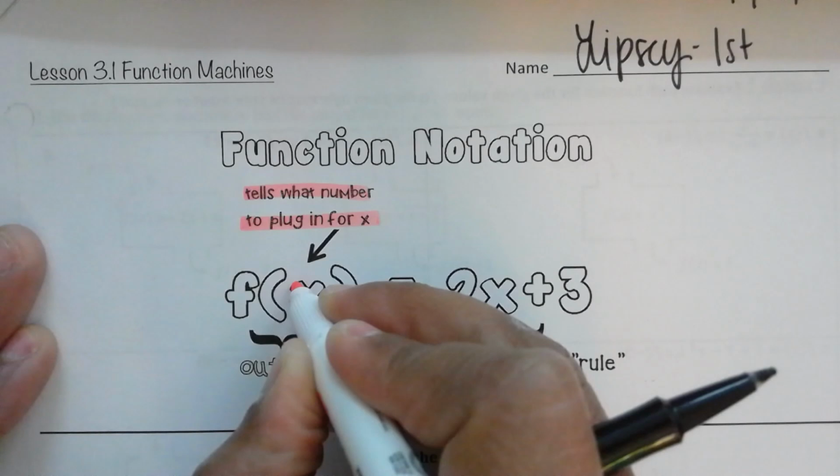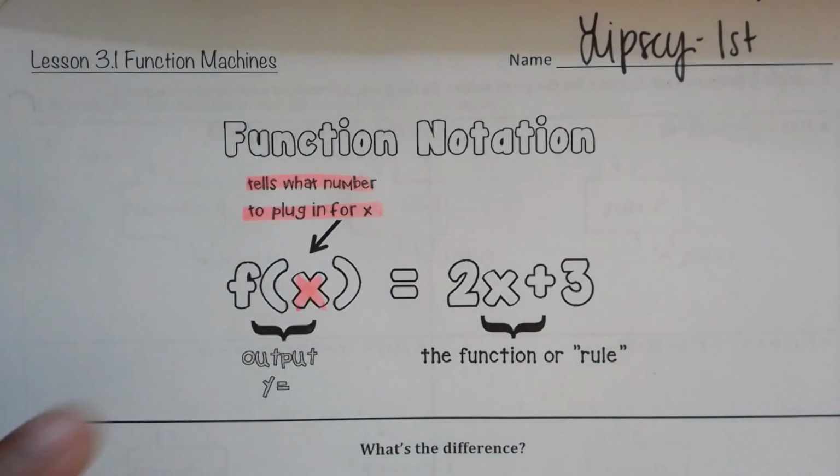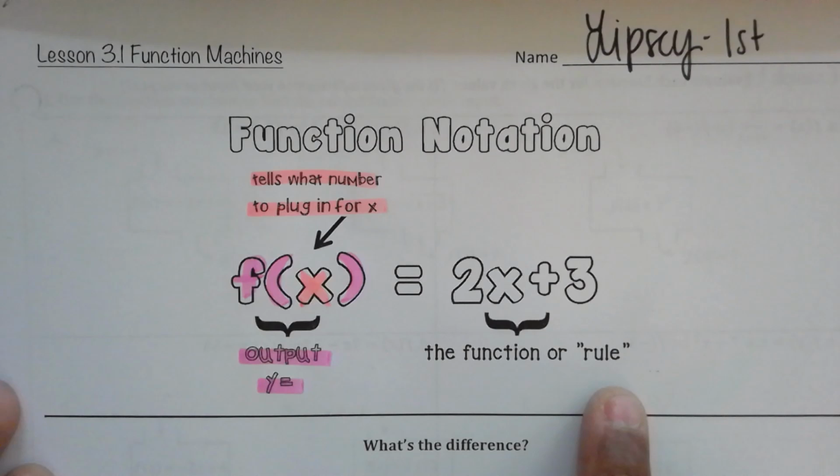this thing. So, this x is our independent variable. When we do this, it gives us this entire piece, which is the output. This entire piece here is the function or the rule.